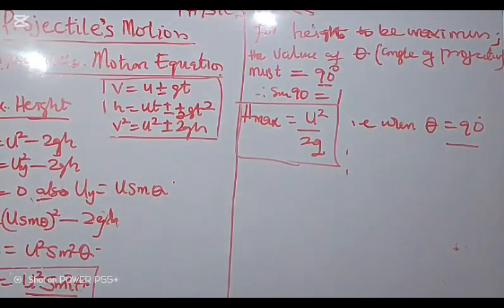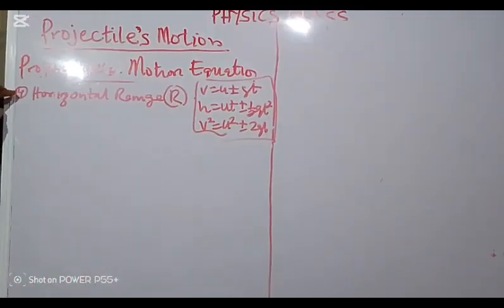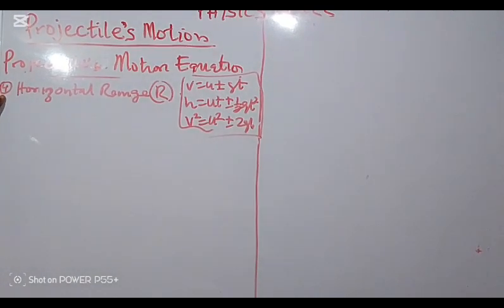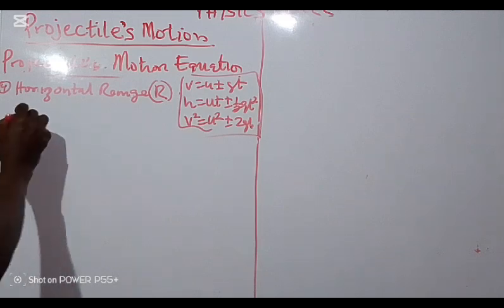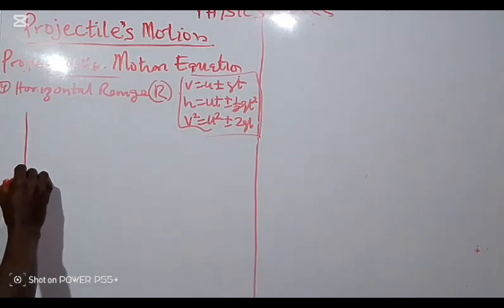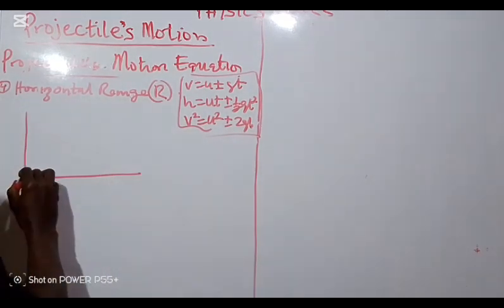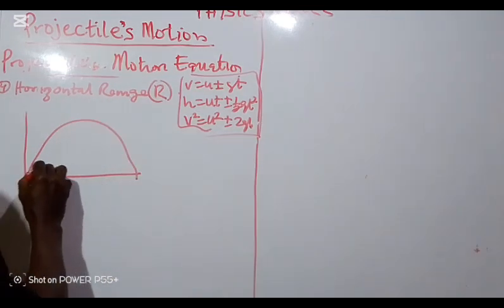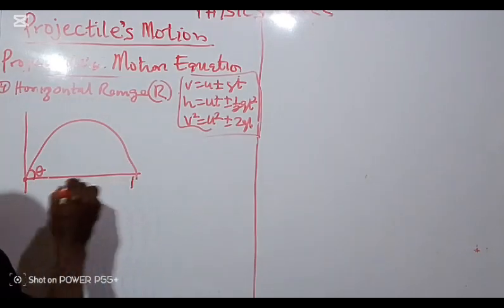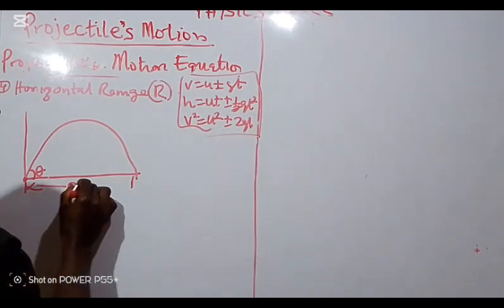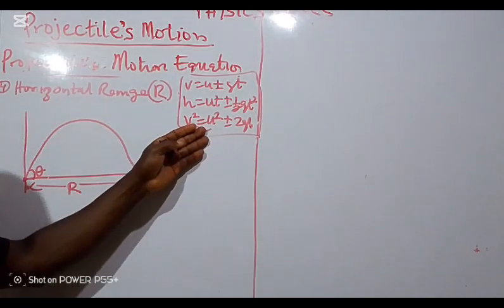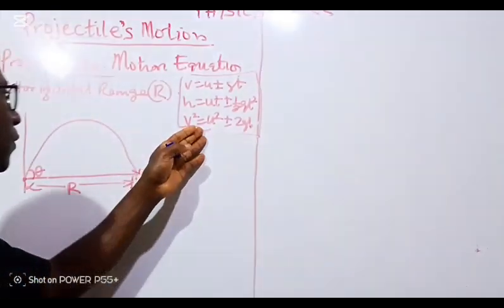Now, the last term that we need to derive an equation for is horizontal range. And don't forget, for the diagram we drew the other time, when you have it like this, from here to here is our horizontal range, which is R. And again, don't forget, we borrowed these formulas from motion under gravity.